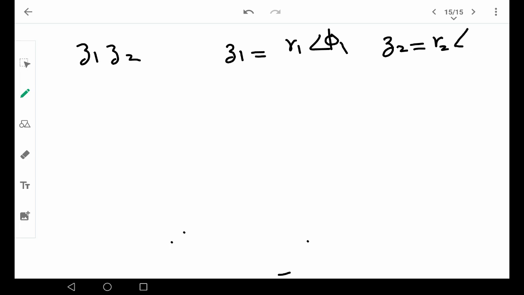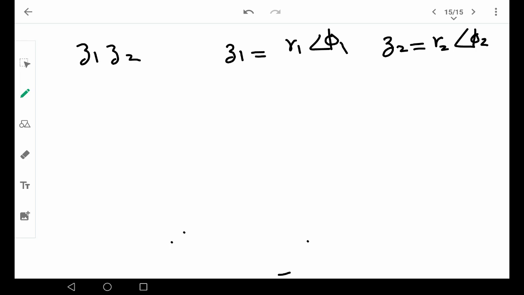Now if you go for multiplication, it's like this. You have multiplication given by z1 z2, right? You can do the multiplication like this: z1 equal to r1 angle phi1 and z2 equal to r2 angle phi2, right?